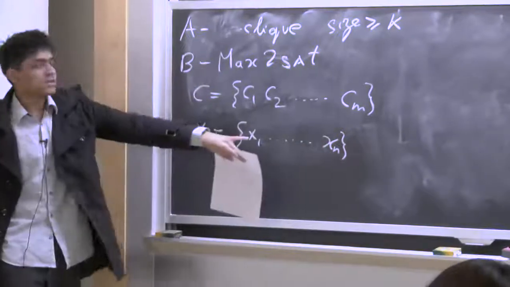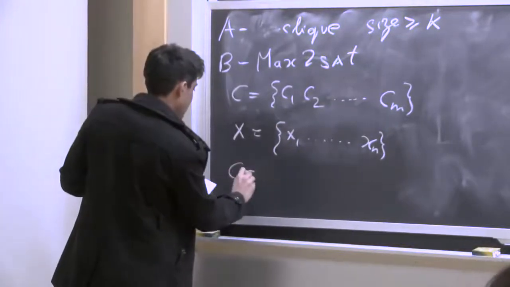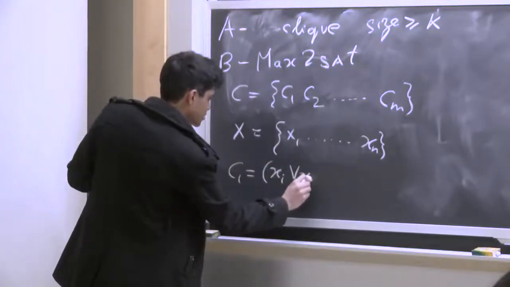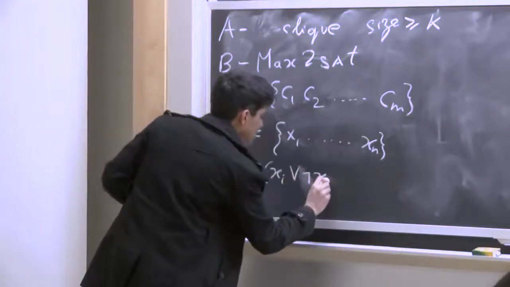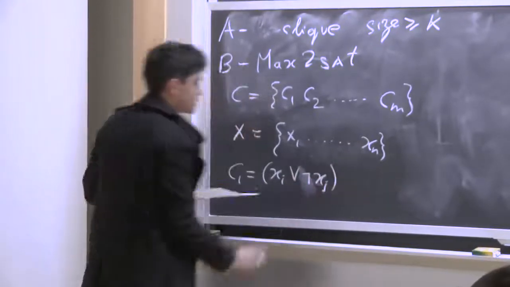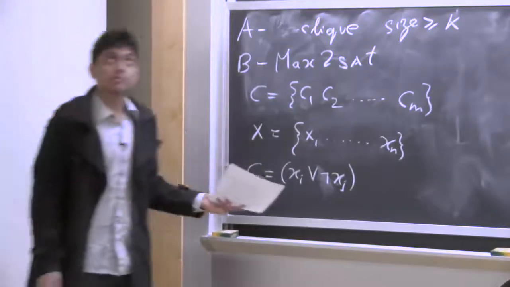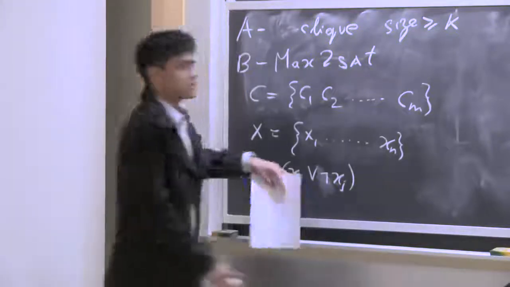Each of these literals can take values 1 or 0, and each of these clauses is something like xi or xj, and actually there can be nots in front of these. So let's say xi or not xj, or not xi or not xj, or xi or xj, and so on. So just normal 2-SAT.